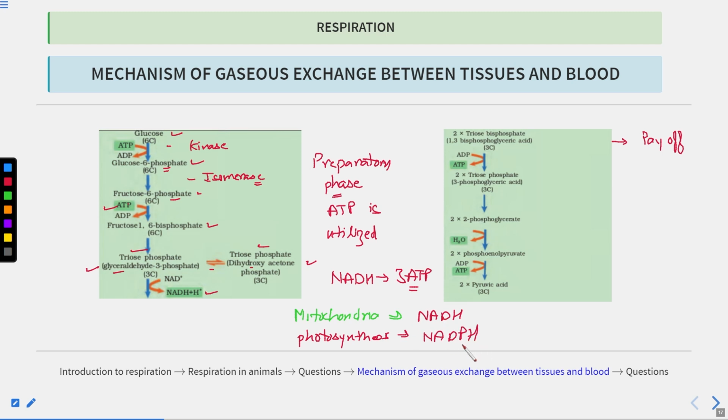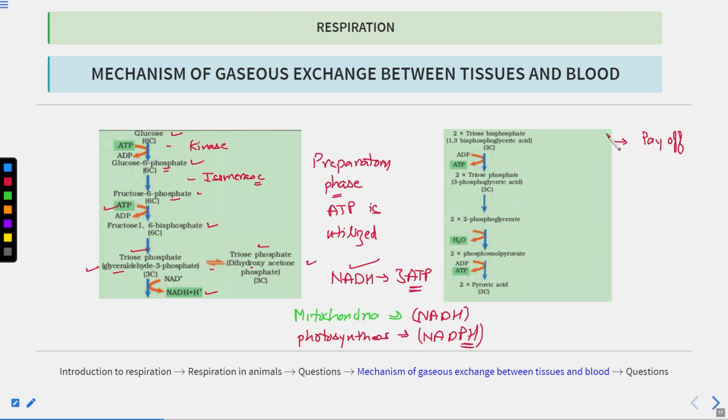Both of these are reduced coenzymes, but in mitochondria it is NADH, and during photosynthesis it is NADPH. Here we'll talk about NADH. One NADH corresponds to 3 ATP.